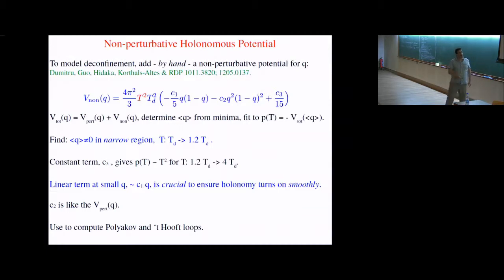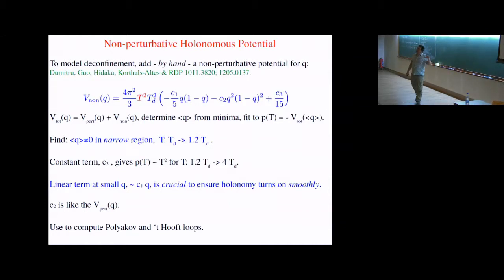Now, we model these terms similarly to what happens in perturbation theory. In fact, this term is identical to that which you get to one loop order in perturbation theory. But the other term is somewhat special. It's linear in Q. And we argue then that you had to add such a term in order to ensure that the holonomy turns on smoothly.